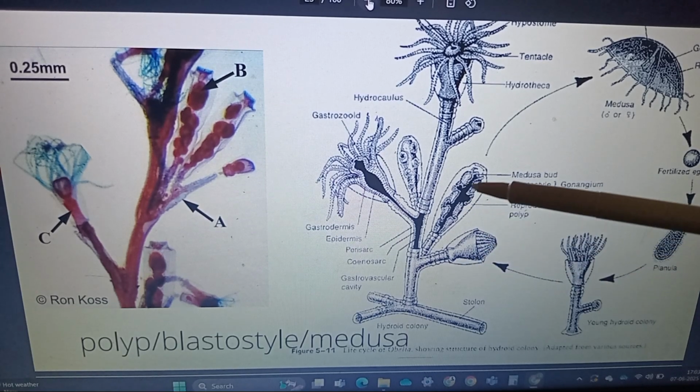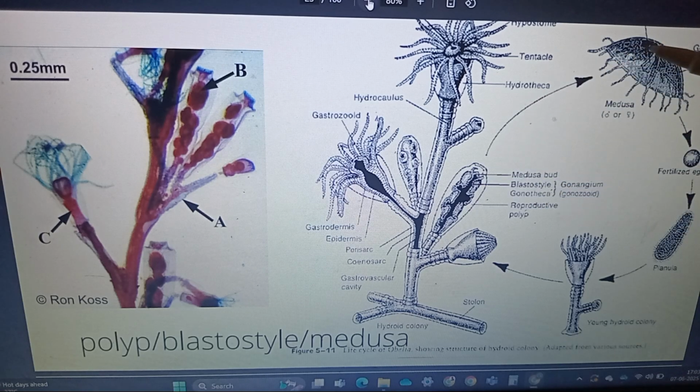By asexual reproduction from the polyp, the medusa form is produced. This medusa form can undergo sexual reproduction, making the larva, and then again the polyp form. This phenomenon is called metagenesis. It is seen in obelia.